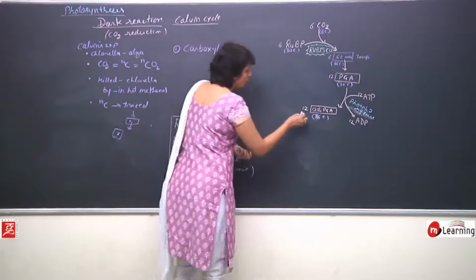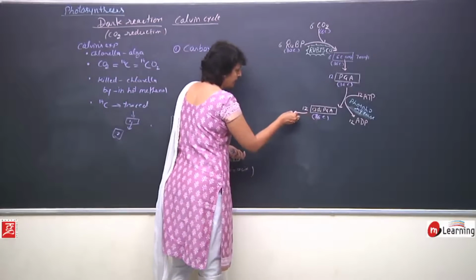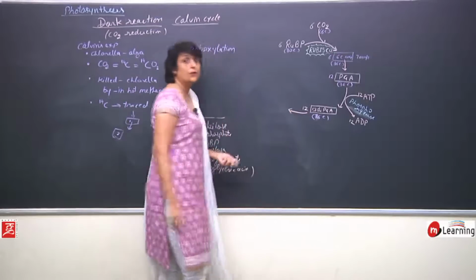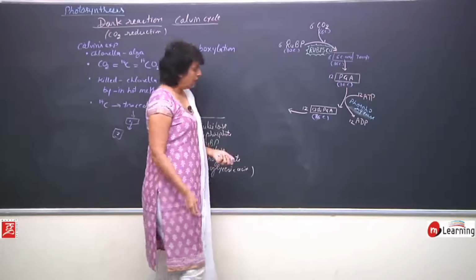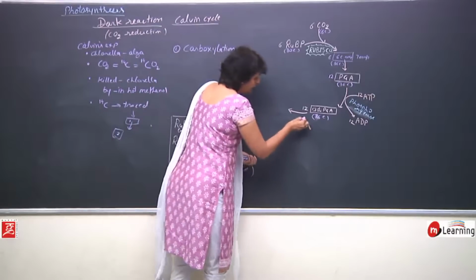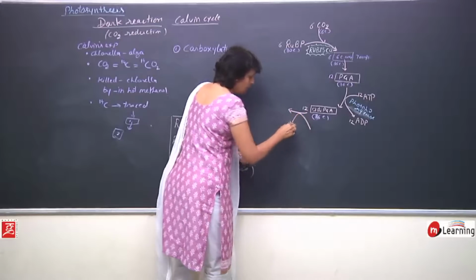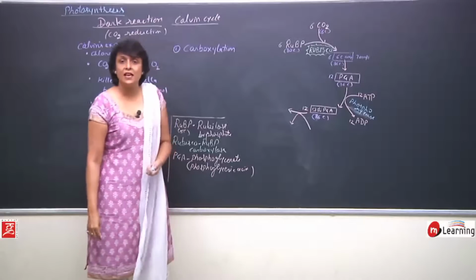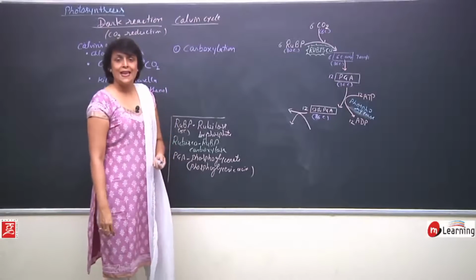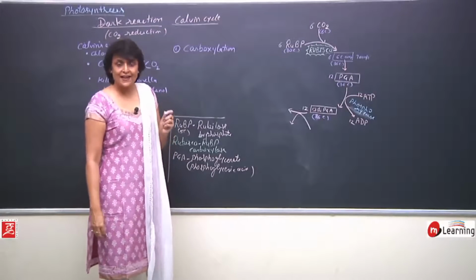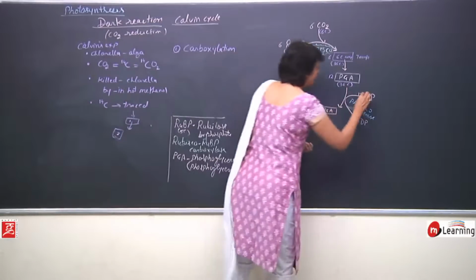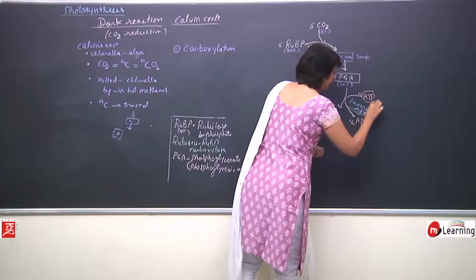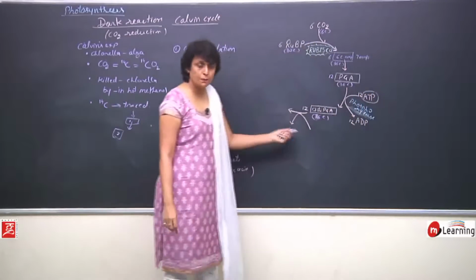Now, this phosphoglycerate is reduced. For this, some agent which is going to act as a reducing agent is required. In light reaction, there are two things which are obtained. One is ATP and other is this reducing power.